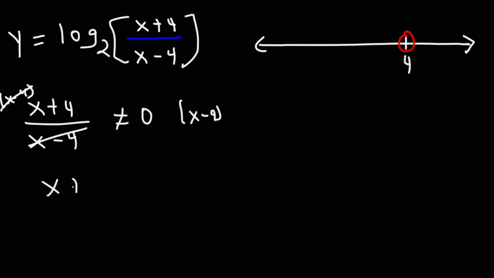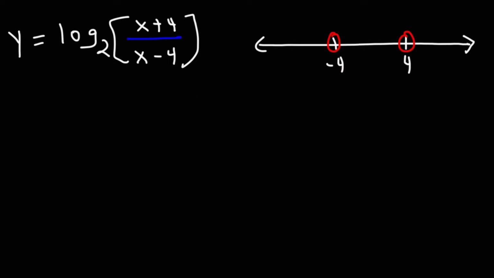You get that the numerator, x plus 4, cannot be equal to 0, which means x can't be negative 4. So we can put that here as well. So we have an open circle at negative 4. But now we can go back to our original expression. X plus 4 over x minus 4 has to be positive. It can't be negative. It has to be greater than 0.